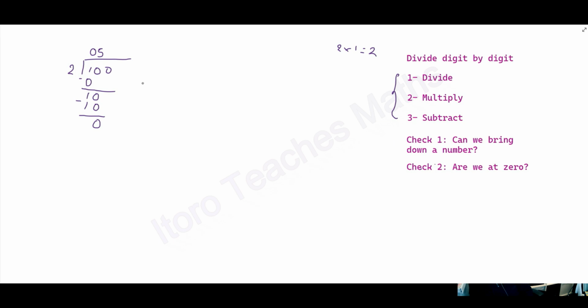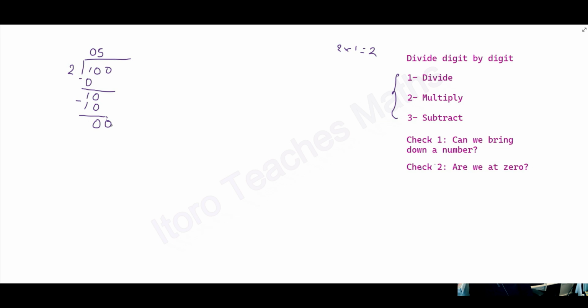Can we bring down a number? There's another 0 here that we haven't used, so we bring that down, and we have a 0 here. Then we divide again, because we have to go through these steps until we get to the check. 0 divided by 2 is 0, because if you divide 0 by anything, you always get 0.